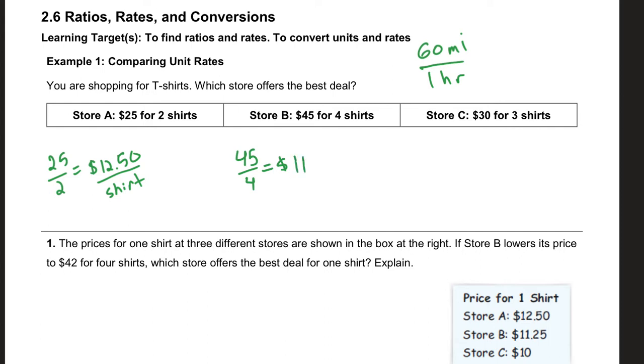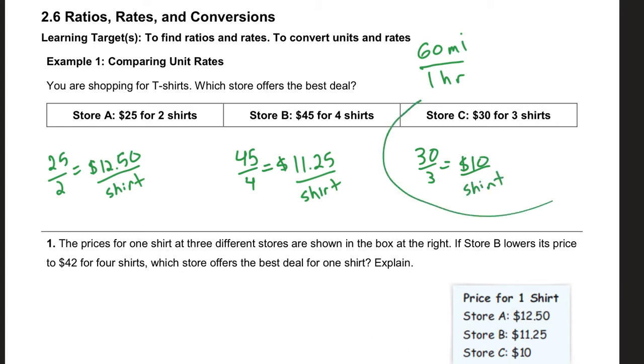That's $11.25 for each shirt. And then store C, $30 for 3 shirts. That would cost you $10 a shirt. So the store that offers the best deal is store C. It offers the lowest price per shirt, the best deal. Okay?